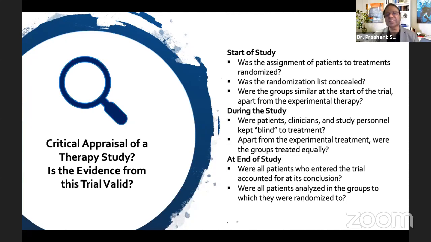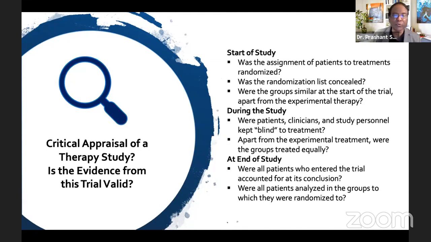Were the groups similar at the start of the trial, apart from the experimental therapy? So we need both groups to be exactly similar to each other, except for the experimental therapy in one group. We can also assess the randomized control trial during the trial itself: whether the patients, clinicians, and study personnel were kept blinded to the treatment so that nobody knows what treatment they were getting.